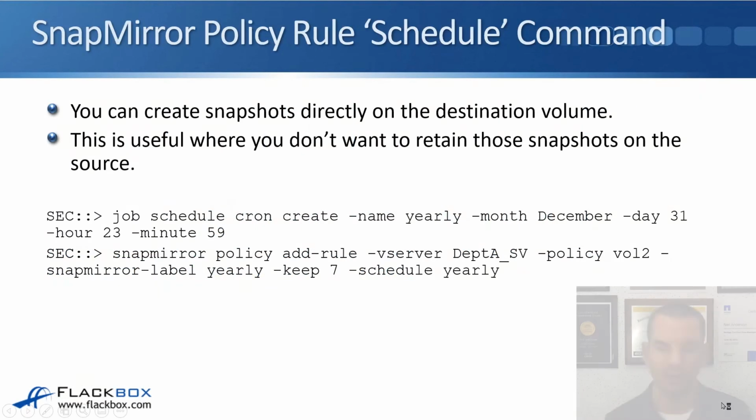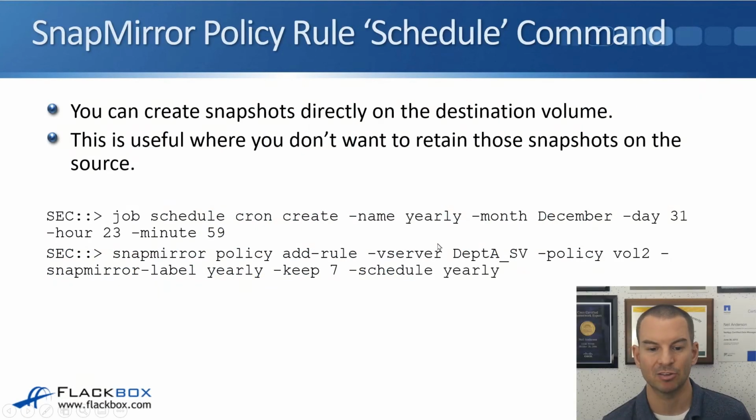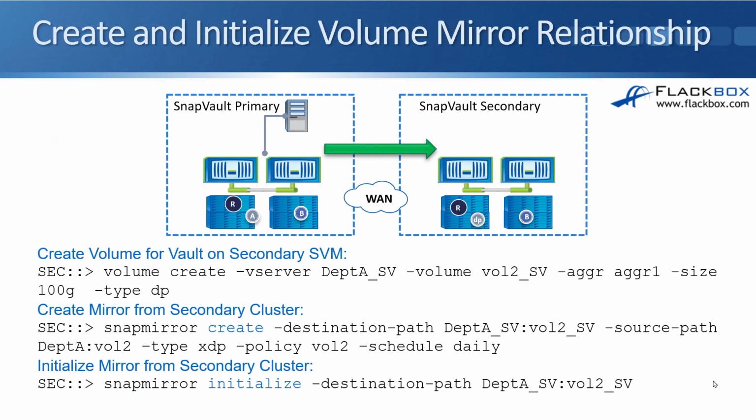And then we've also said, also take a snapshot once a year, just before the time of New Year, and keep 7 of those. And that is only happening on the destination side. We don't want to have yearly snapshots on the source. So we have got our short-term snapshots on the source cluster. We've got our long-term snapshots for our long-term backup on the SnapVault system. Okay, so that is the policy done.